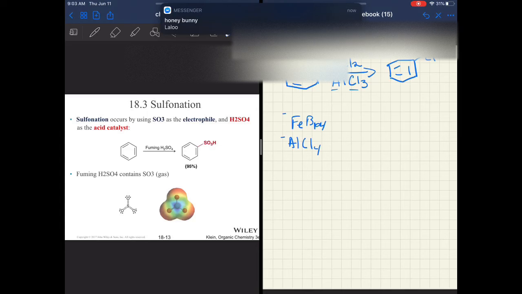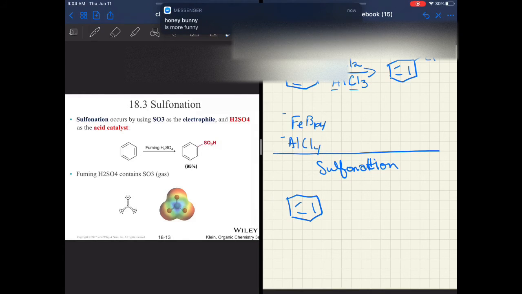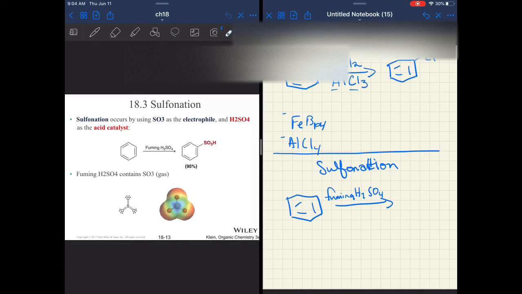We're going to go over one more reaction in this video, and that is sulfonation. Sulfonation is going to add an SO3H. Now, this is going to use fuming H2SO4. Now, it's important that it's fuming, and we're going to talk about why. The first step of this one's actually pretty easy.